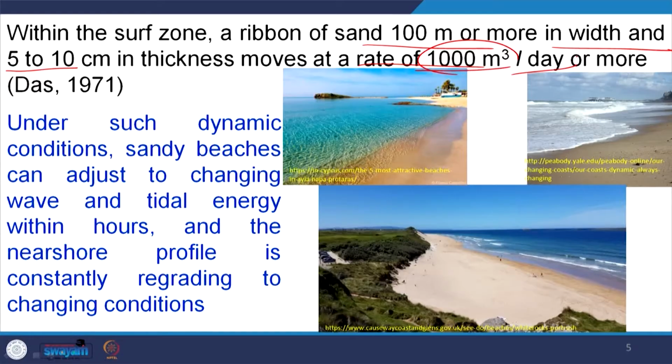Under such dynamic conditions, sandy beaches can adjust to changing wave and tidal energy within hours, and the nearshore profile is constantly changing with conditions. That means this is a dynamic condition. Depending upon the tidal current velocity, the littoral current velocity, and the waves, this condition is dynamic.